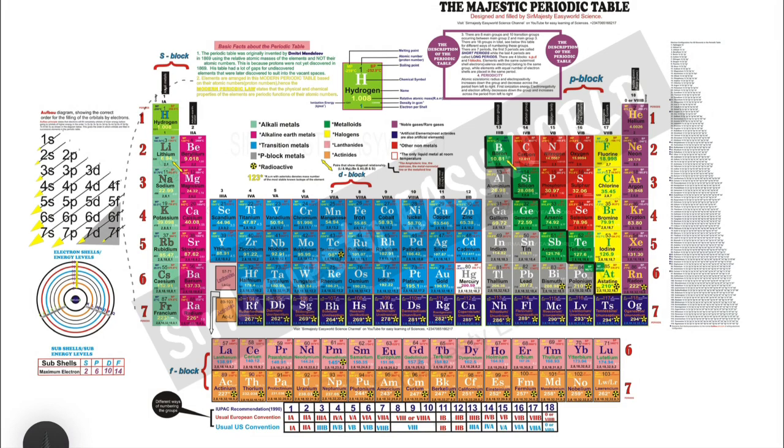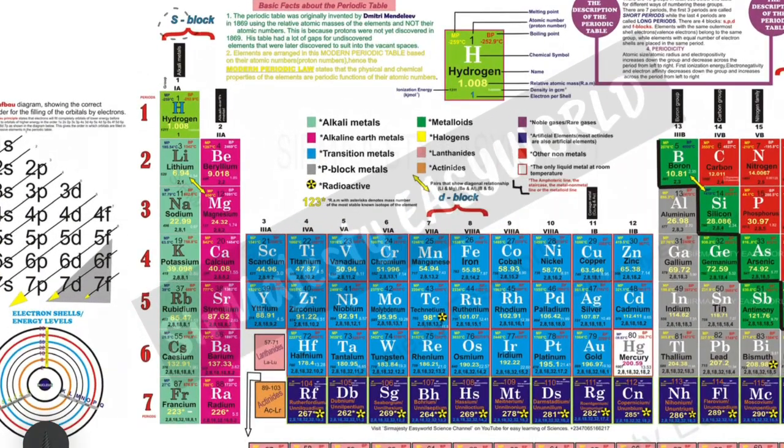So over here is the S block, here is the P block. This is the S block, and then this is the D block, and finally the F block. Then all the S block elements are metals except hydrogen.